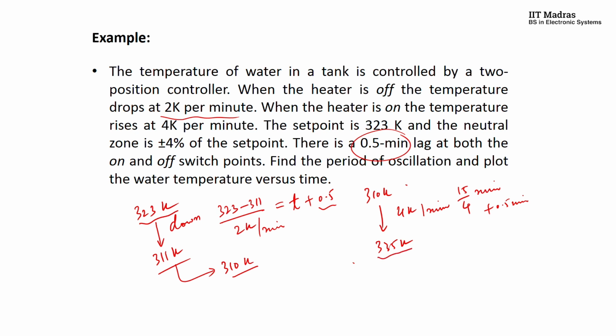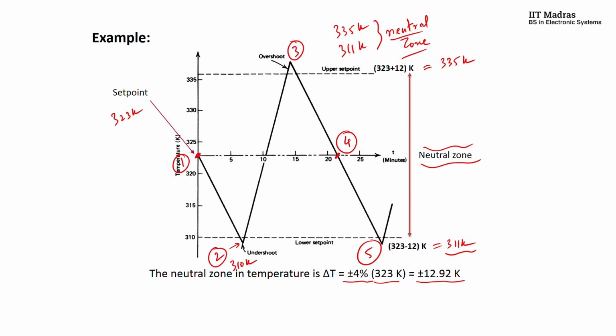Since there is a delay of 0.5 minutes, in 0.5 minutes the rate of increase would be 2K. That means you would reach 337 Kelvin. So point 3 would be 337 Kelvin.